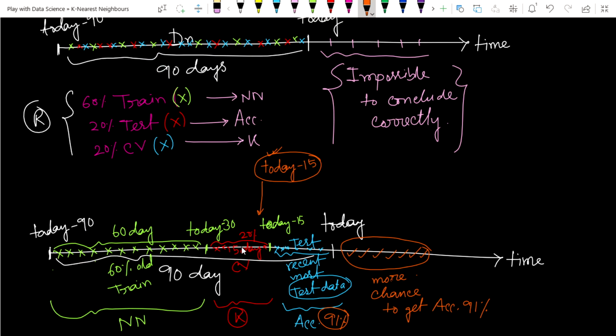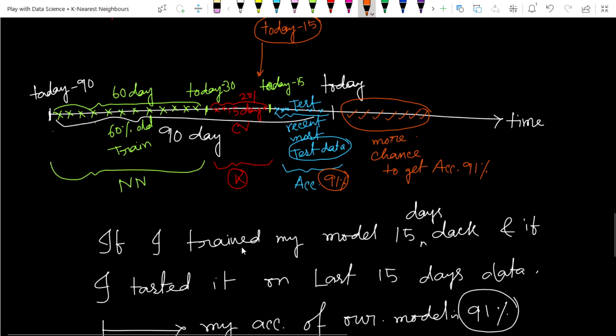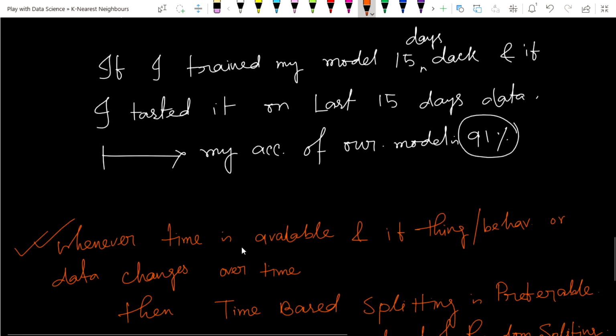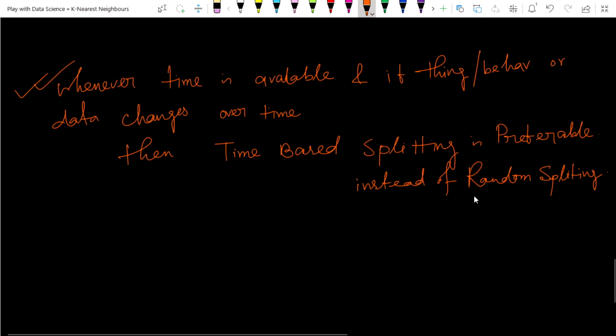We cannot predict anything about that. So if a data timestamp is available, then instead of using random splitting, using time based splitting will be great for us.